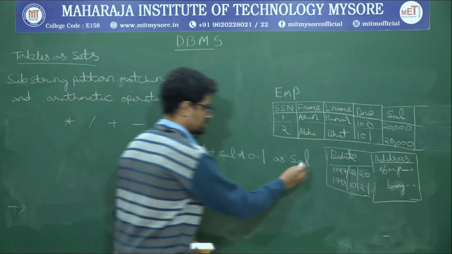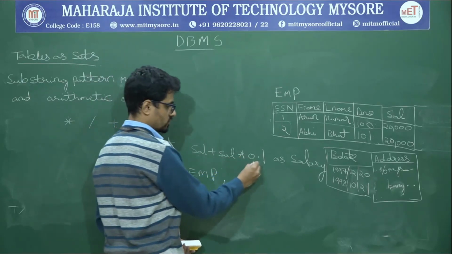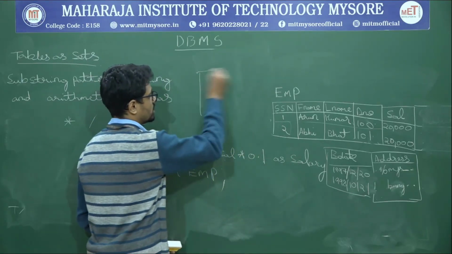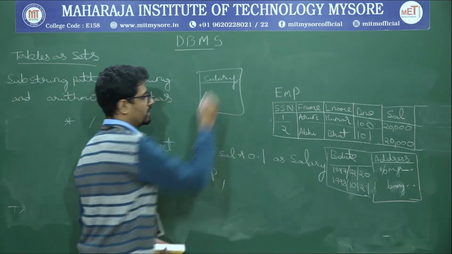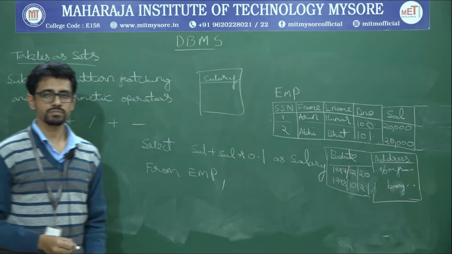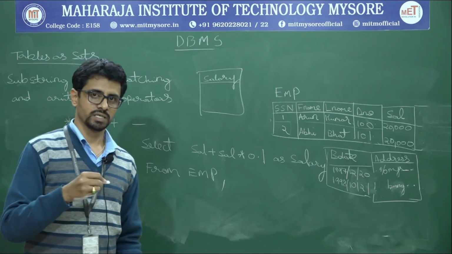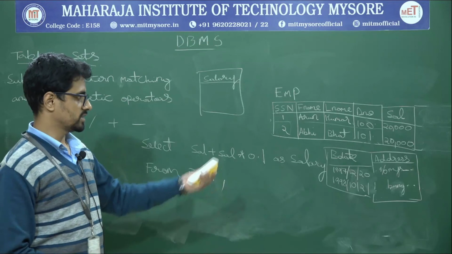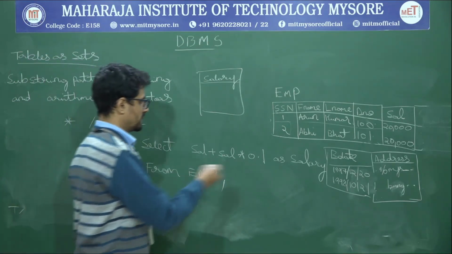So what am I saying? Salary plus salary star 0.1 as salary means I get an output with the name salary. So 10% of 20,000 has been generated and added to 20,000.